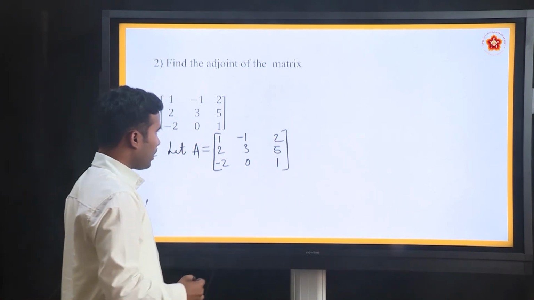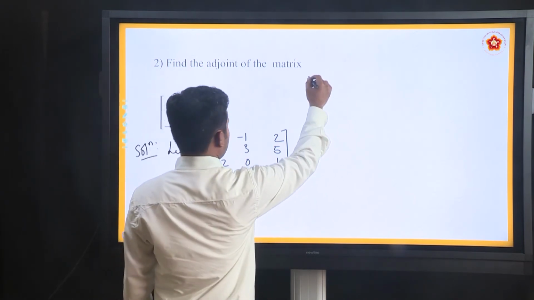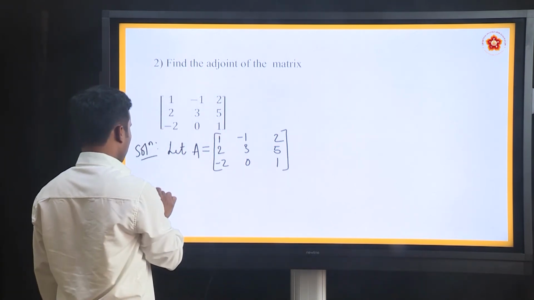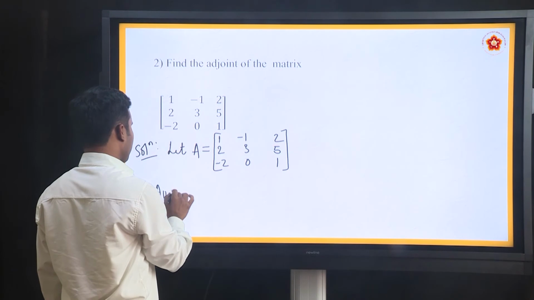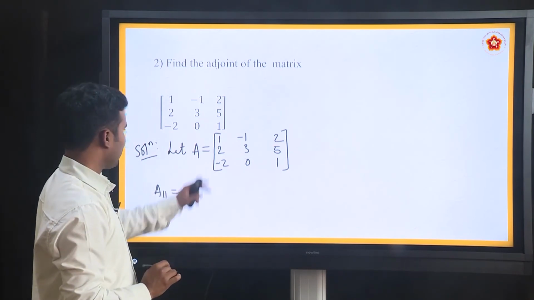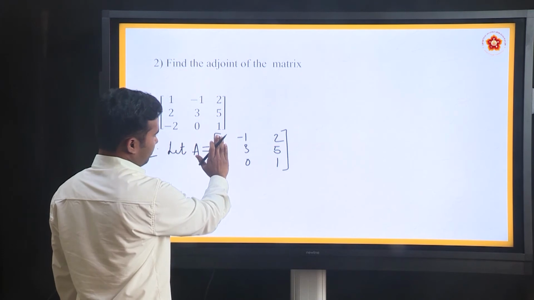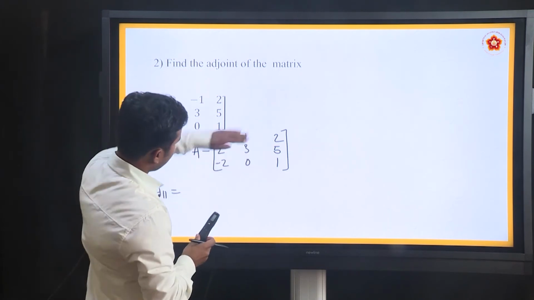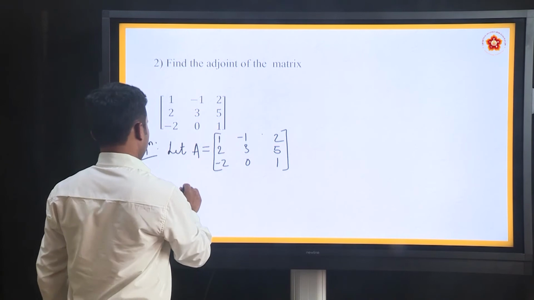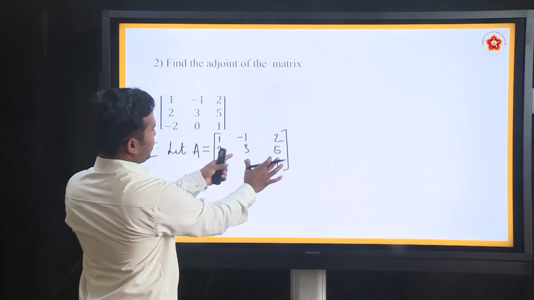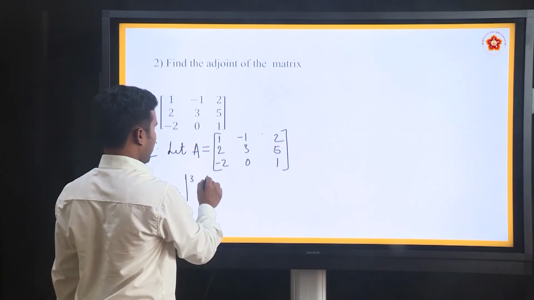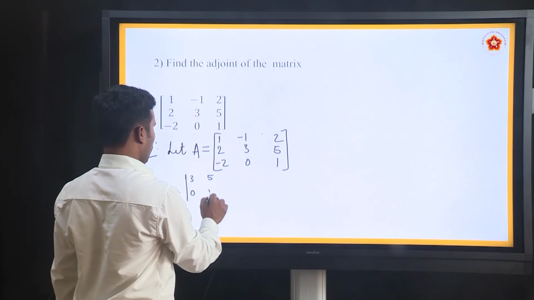So now we have to find the elements of the cofactor matrix. What is A11? You just delete the first row, first column, and take the determinant of the other elements, 3, 5, 0, 1.